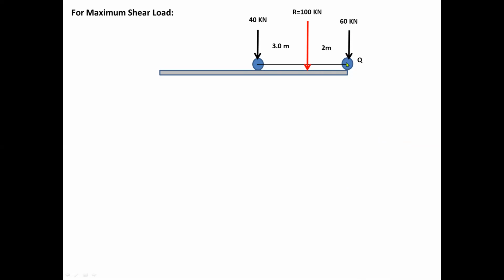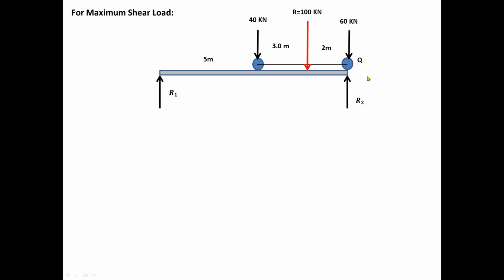Yung ating wheel na 60 kilonewton, dapat ang position niya ay nasa pinaka-end ng ating span. Now, after na naiposisyon na natin ang wheel na 60 kilonewton sa right end ng ating beam, ipagpatuloy na natin ang ating drawing.